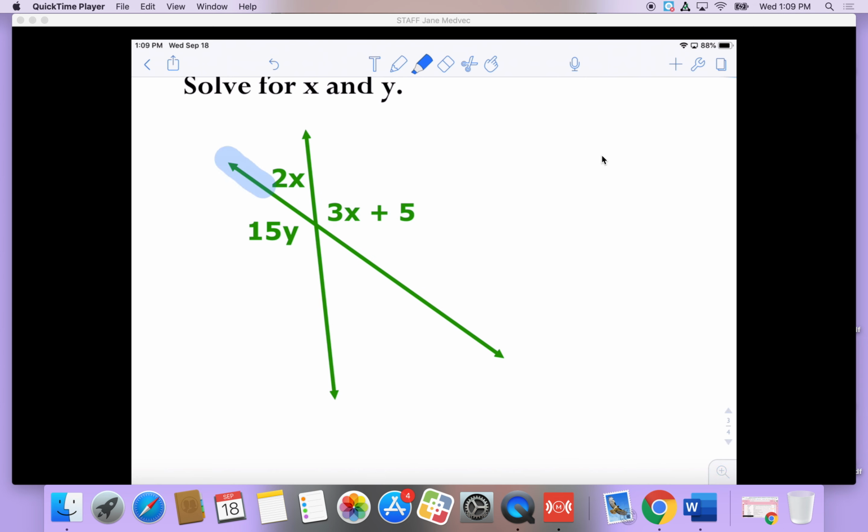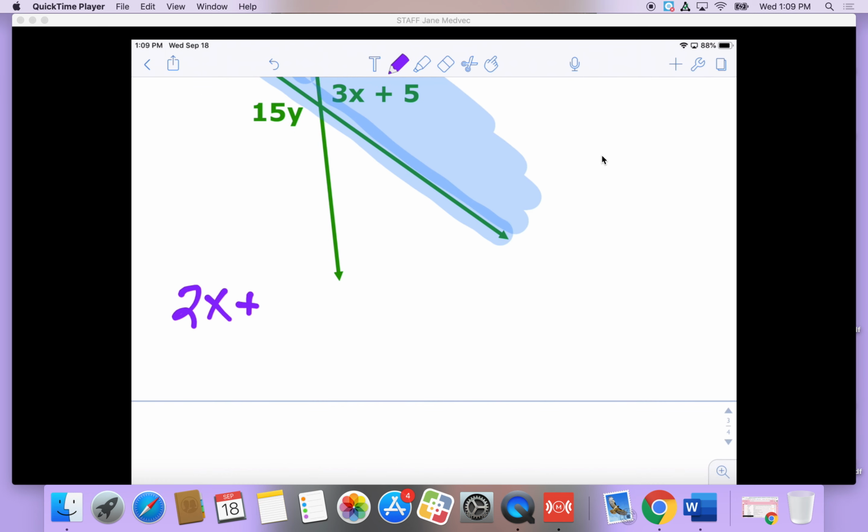The reason is you'll see this line here. You're going to notice that this angle right here and this angle right here, when I add them together, they form that straight line. They are a linear pair, or they're supplementary. So what I'm going to do is come down here and go 2x plus 3x plus 5 equals 180. And you would say linear pair. Okay, combine my like terms.